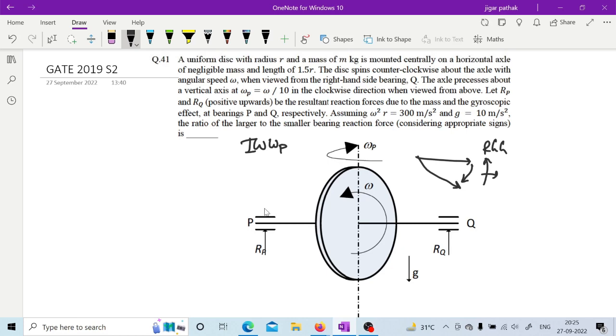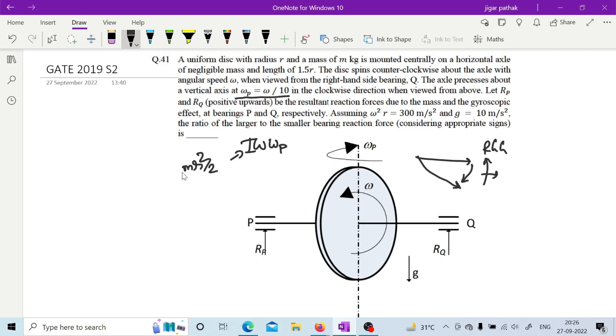No, let us see here. Active gyroscopic couple is this I omega omega p. Sir, I am getting 3. Okay, so let us see. Now I is mr square by 2 here for this rotating disc. Omega is given as omega only, and omega p is given as omega by 10.